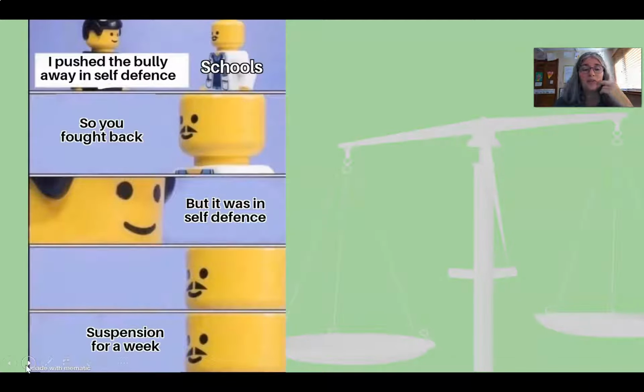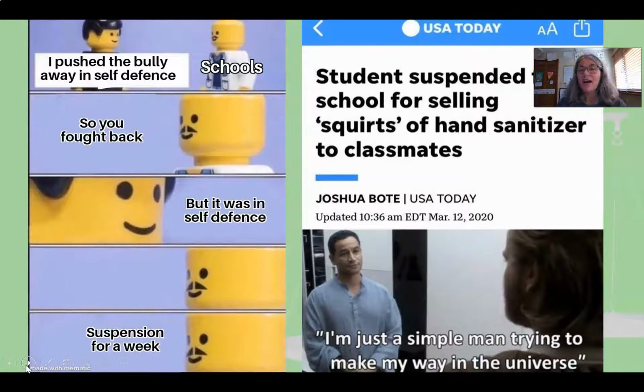So even if you're just hitting someone out of self-defense because perhaps they hit you first, but no one saw that. Or if you have a toy gun in school and there's a zero tolerance policy on guns. And then again, there's a lot of different reasons why students can get suspended, and sometimes it becomes a sticky issue as to whether or not it's an appropriate reason to suspend the student.